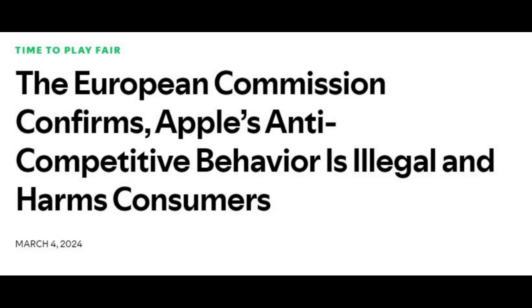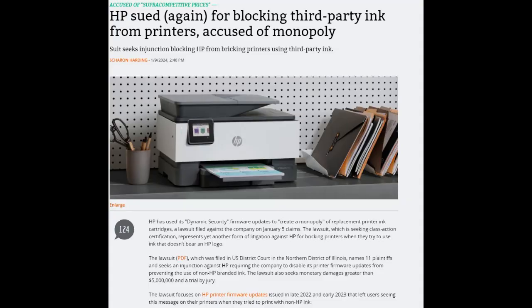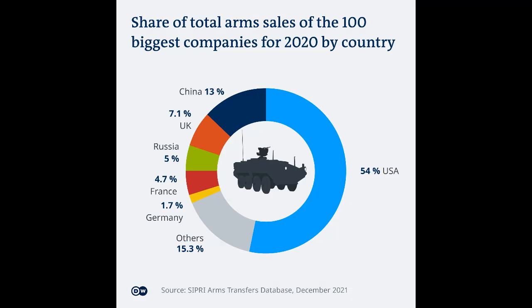If you are a printer company, let's say HP, and you sell a printer, you are now locking your customers in to exclusively buying your ink. If you are not buying their ink, it's not going to work. Every country does this, whether it's Chinese arms sales, Russian arms sales, or US arms sales. This is just how the technology is manufactured.